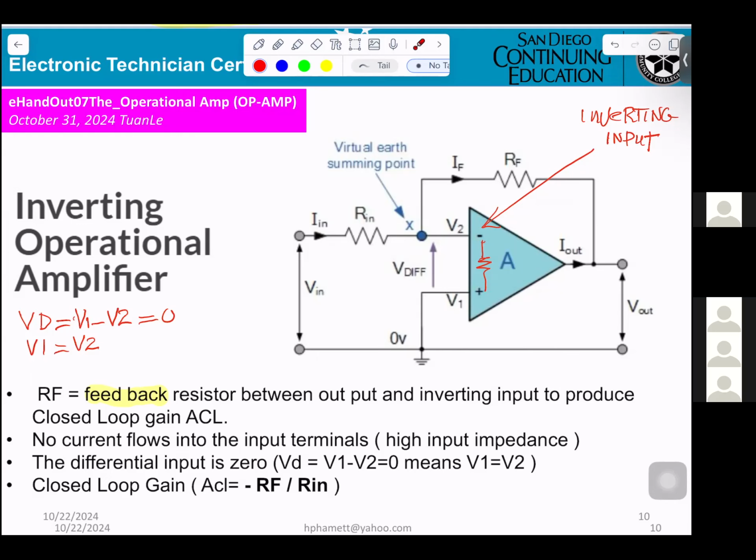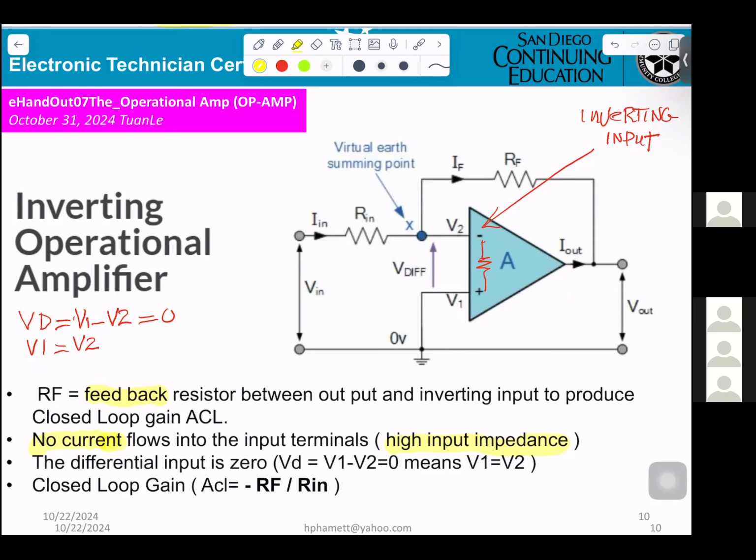Like I said, no current flows into the input terminal, because there is high input impedance. So make sure you understand, current cannot flow into the op-amp. Okay, and also, we already said the differential input is 0.